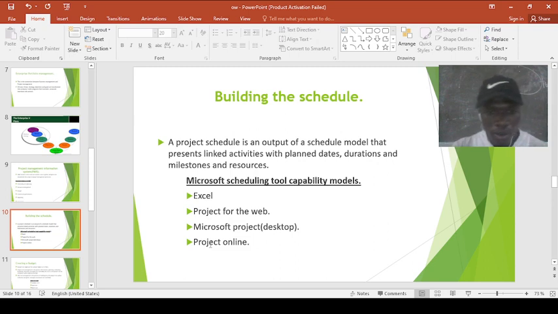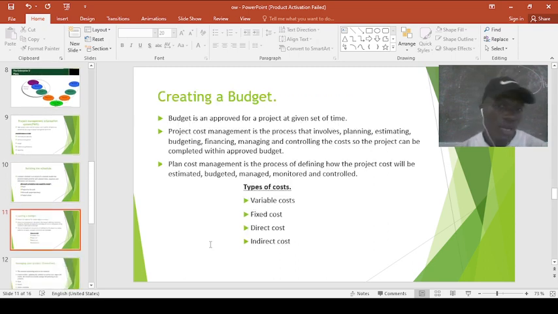Then how do we create a budget for the project? A budget is an approved estimate for a project at a given set of time.